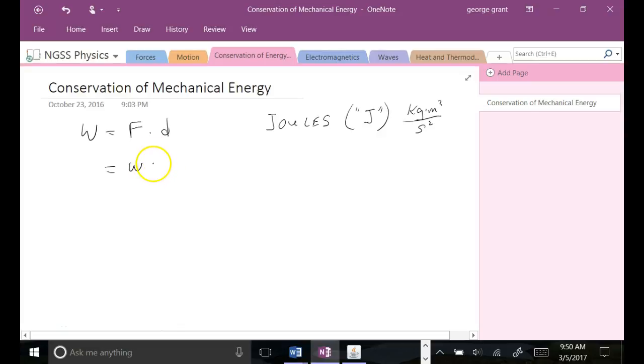And the distance we're concerned with is the height, because that's the direction in which gravity works. And if we refine this a little more, the weight is actually mass times gravity. And of course we just bring the h down, and we have a formula for gravitational potential energy. Okay, so there's our first formula.